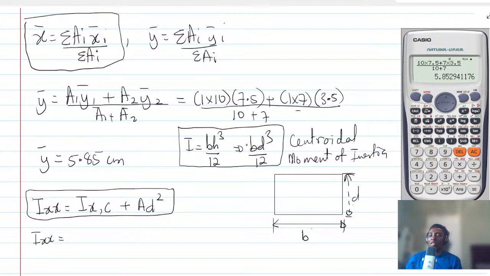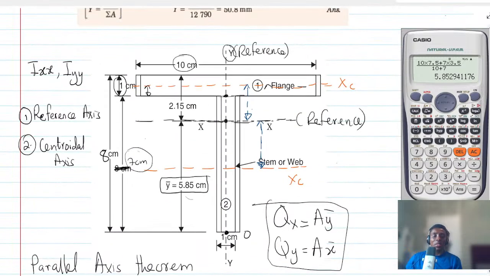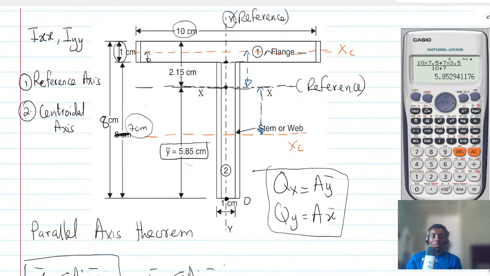This BH cube over 12 is the centroidal moment of inertia. So for a rectangle, it is given by BH cube over 12.